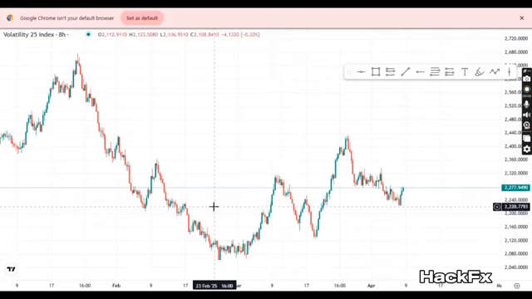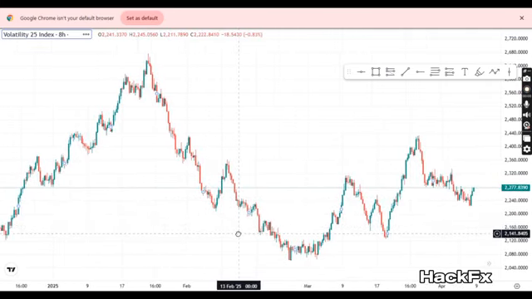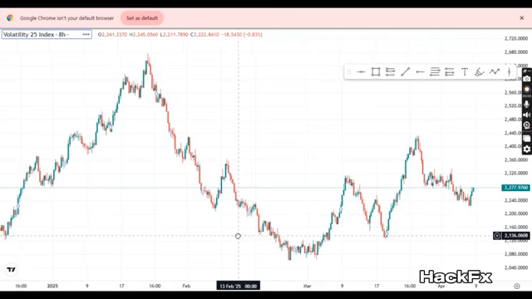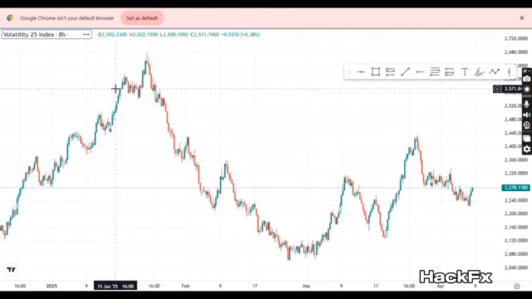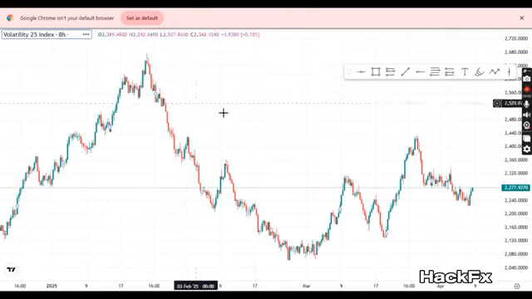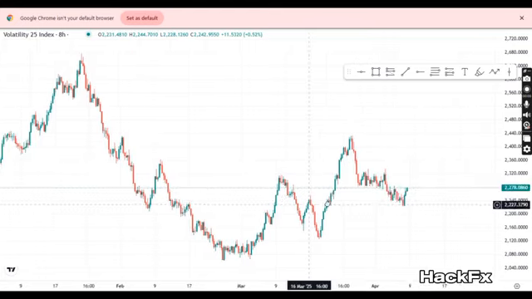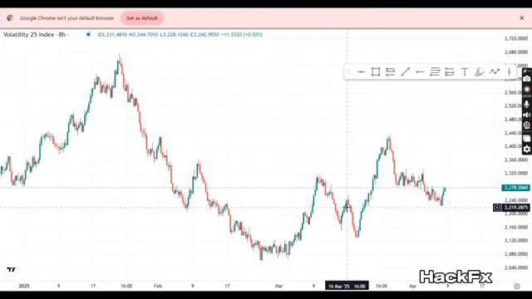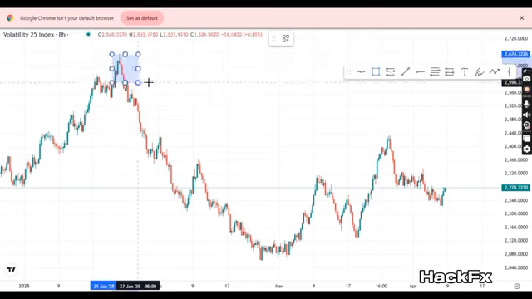So first of all, you start from higher time frame. And we are on 8 hours on this V25 pair. So what do we do first? What we do is that first of all we map out the structures. These are the structures. So this is the first high.